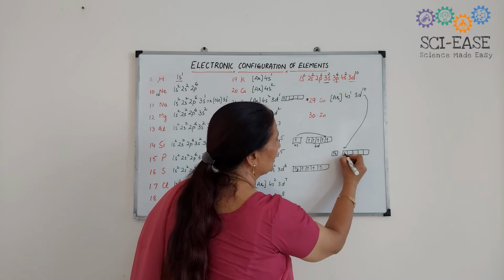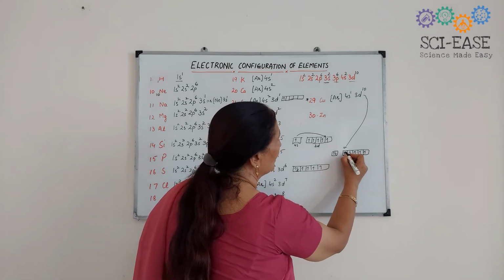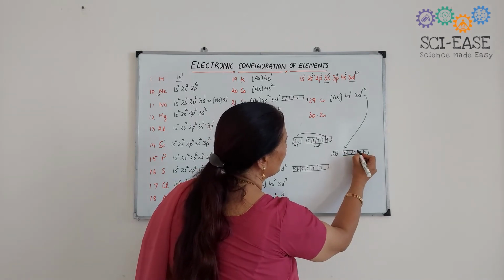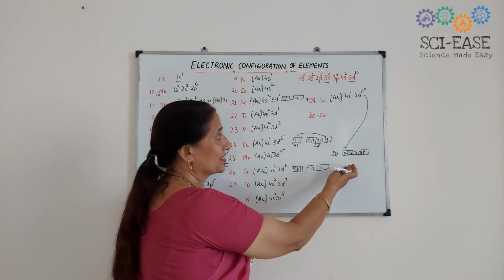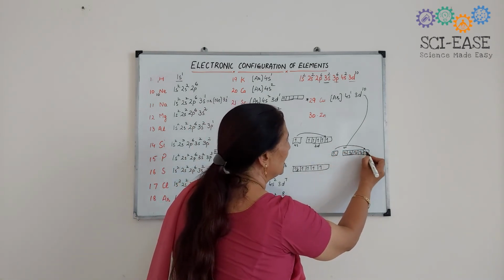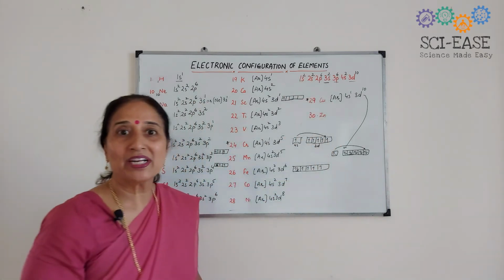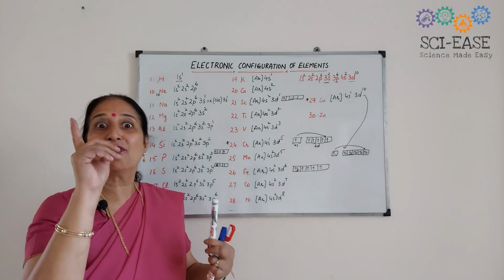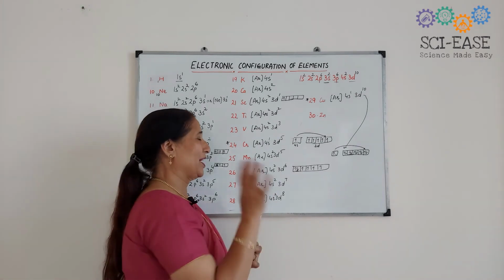Initially I have written like this: 3, 4, 5, 6, 7, 8, 9. It should be like this, but not. This electron will shift here and it will become like this, and the configuration of copper is 4s1, 3d10. So the configuration of chromium and copper is very, very important.